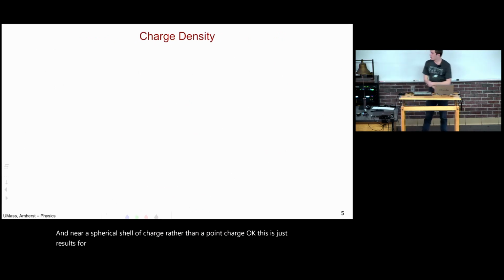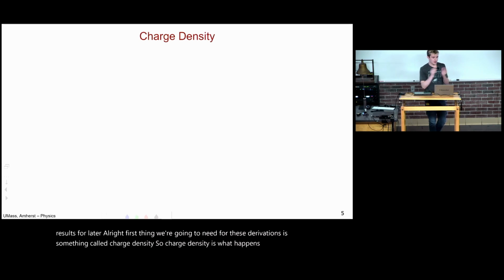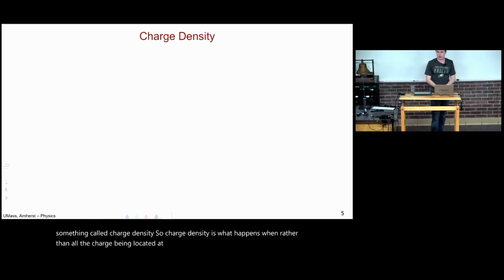All right, first thing we're going to need for these derivations is something called charge density. So charge density is what happens when, rather than all the charge being located at a specific point, like for a proton, the charge is spread out over the surface of an object.